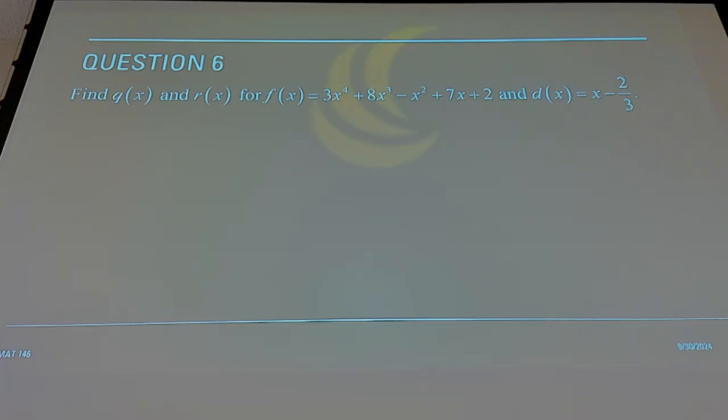What's K? What is it? Dividend, is it in standard form? Coefficients.